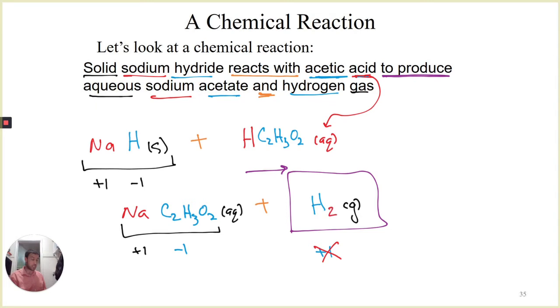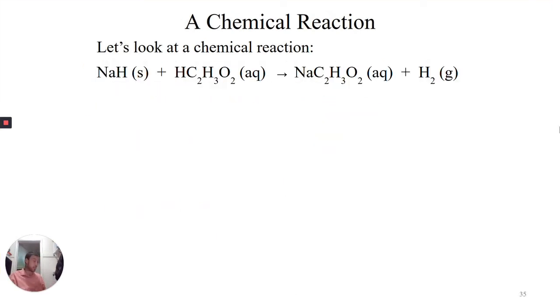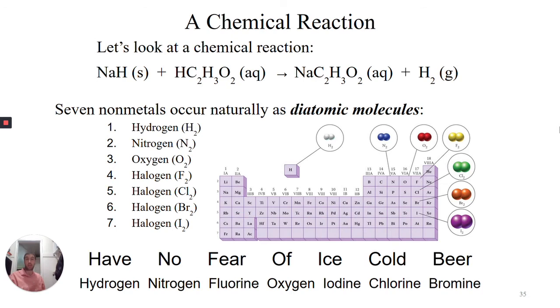Okay? In the other cases, the numbers of the atoms that go in are characteristic either for that species, acetate, or the number of sodiums in sodium acetate is because I'm dealing with a charge imbalance. So why is hydrogen gas H2? Well, it turns out that certain elements are what are known as diatomic, right? And we are required to know those so that when we reference hydrogen gas, we know it's H2.